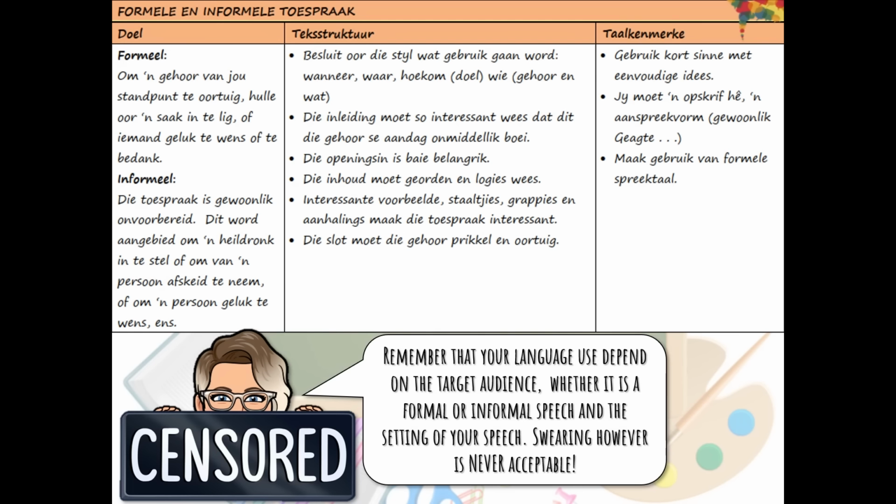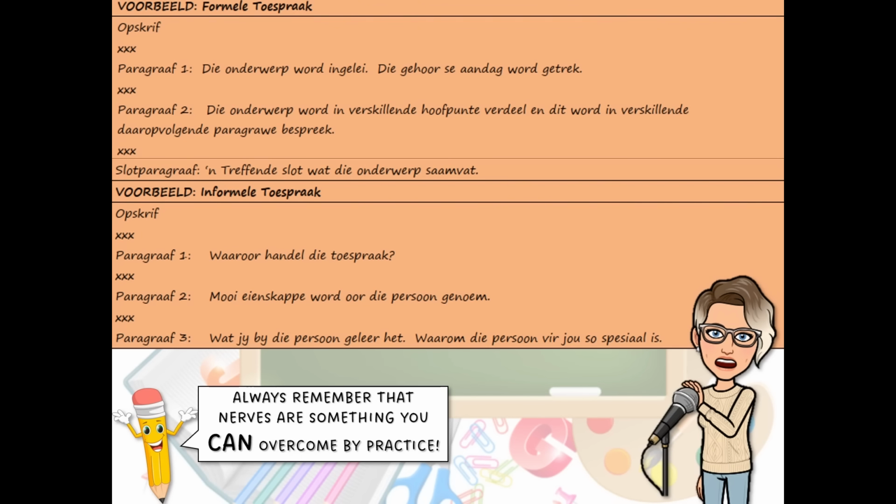The formal and informal speech. Guys, you've done speeches since you can remember. The most important thing about a speech is to have first of all, never swear, ever. It's never acceptable, don't swear, even if it's an informal speech. But it's all about your introduction being something that would really grab the attention of your audience.